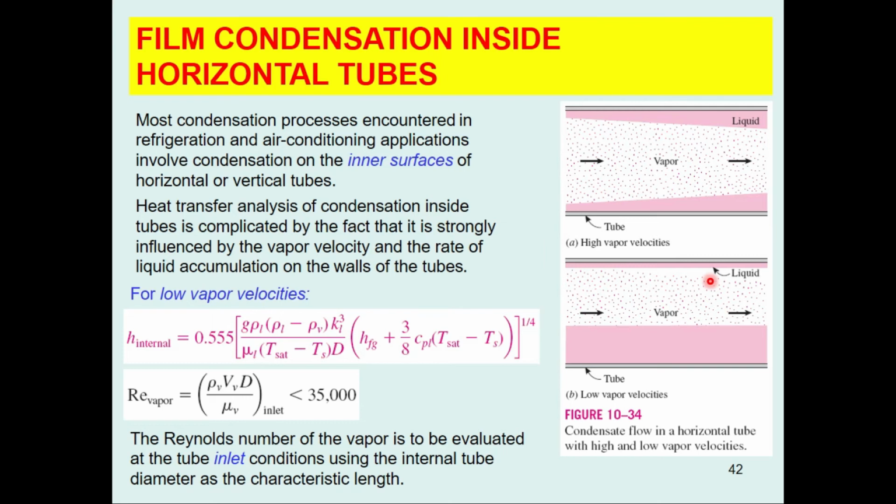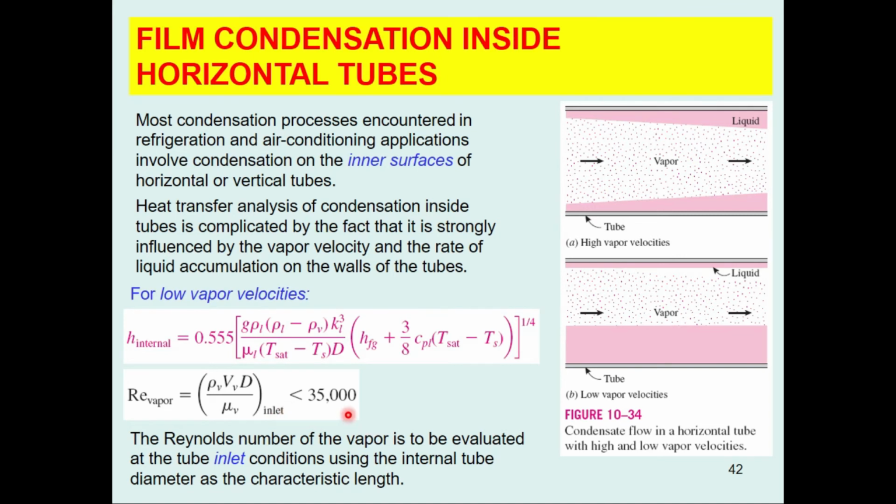So for the very low vapor velocities, we have a particular expression over here to determine the heat transfer coefficient for the fluid inside the tube. So this is the expression which can be used for the determination of the heat transfer coefficient. And for the Reynolds number, we have a general expression, rho V d over viscosity, when the Reynolds number is less than 35,000.